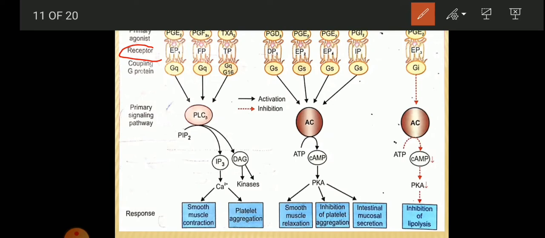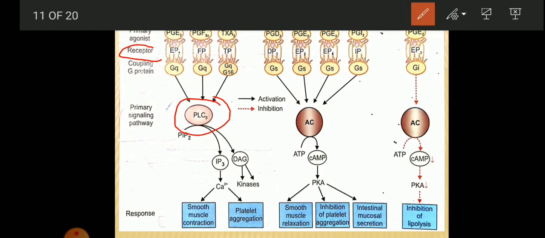This activates the primary signaling pathway, phospholipase C beta, so that PIP2 gets transformed into IP3 and DAG. These secondary messengers cause the release of calcium intracellularly, resulting in smooth muscle contraction and platelet aggregation. So this is the contractile group.